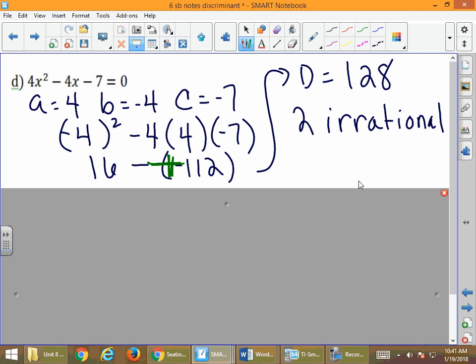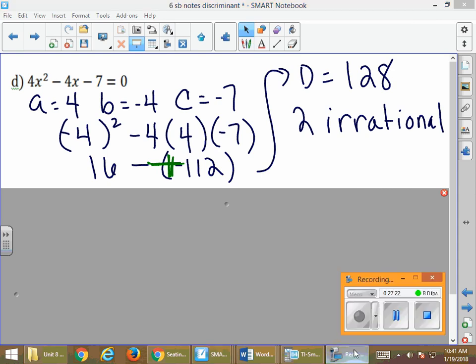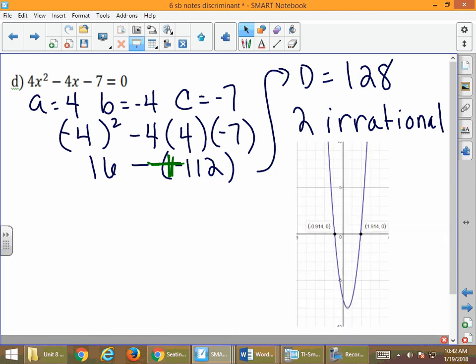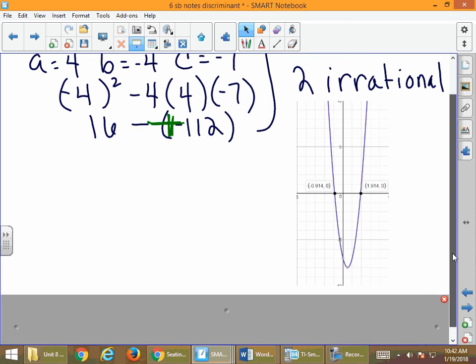It either is or it isn't. Picture is here. Again, something that you might need to type in and get the answers there. But our graph does cross the x-axis twice.